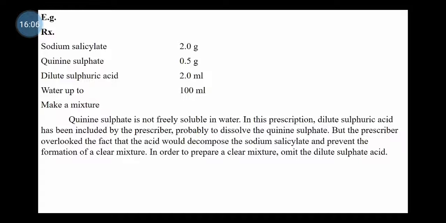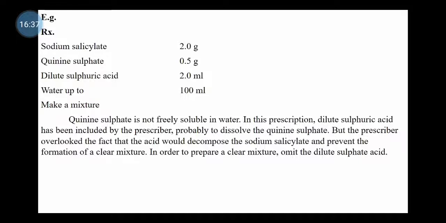Sodium salicylate 2 gram, quinine sulfate 0.5 gram, dilute sulfuric acid 2.0 ml, water up to 100 ml, and make a mixture. This is again an example of soluble salicylate with an acid. Here soluble salicylate, that is sodium salicylate, and acid is present, that is dilute sulfuric acid. Sodium salicylate is used as a non-steroidal anti-inflammatory drug.